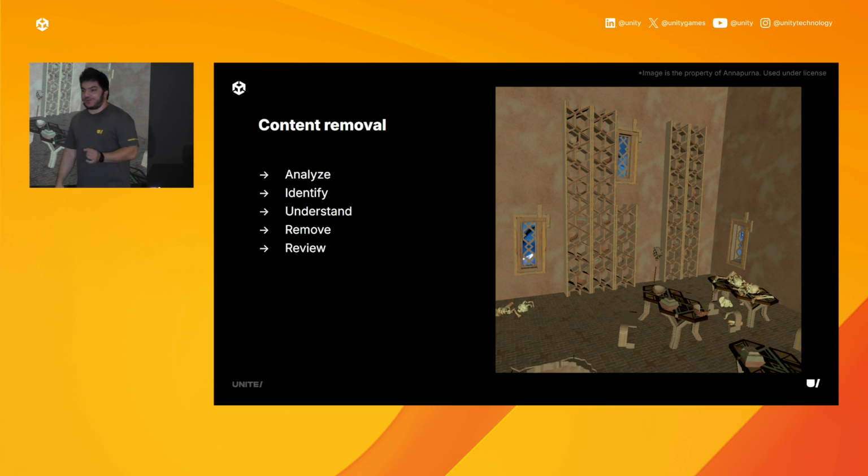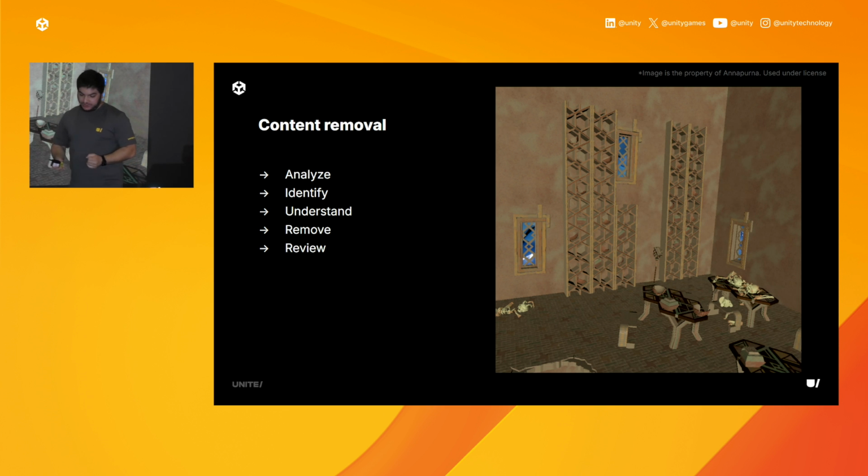Another step, and probably the most painful one from an artistic point of view, if you will, was content removal. We reached a point towards the end of the project where we were very close to hitting all our performance benchmarks, but we just needed that last squeeze. What we noticed was that there were several props that were meant to just create visual clutter and essentially make the player feel like that world exists and belongs.